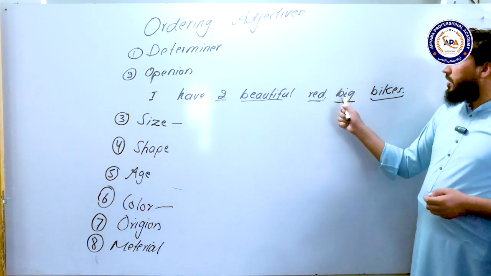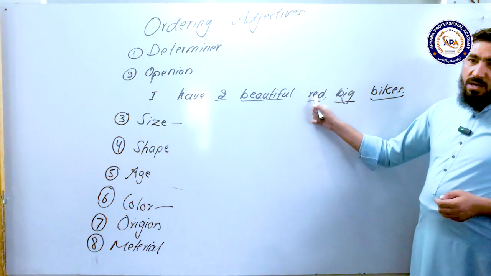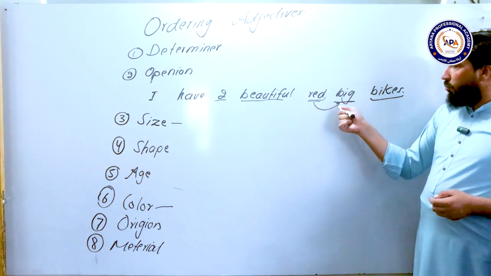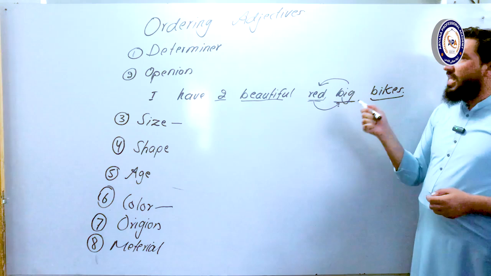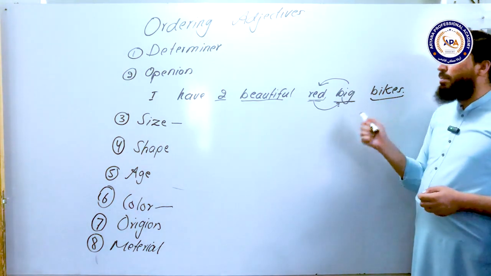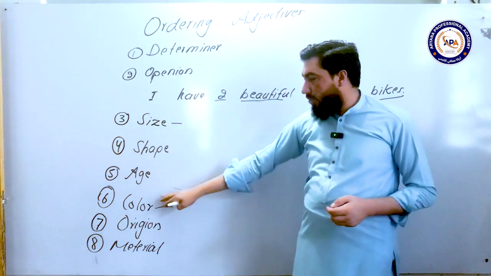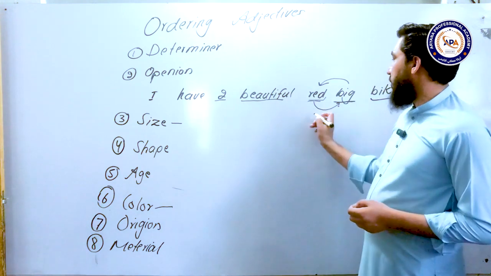So the adjective of size should be used before the adjective of color. So you have to replace these 2 words. Instead of saying I have 2 beautiful red big bikes, you have to say I have 2 beautiful big red bikes, because the adjective of size is used before the adjective of color. So it must be like this.